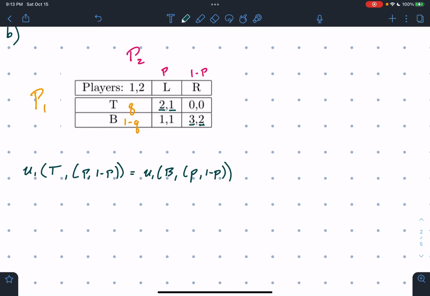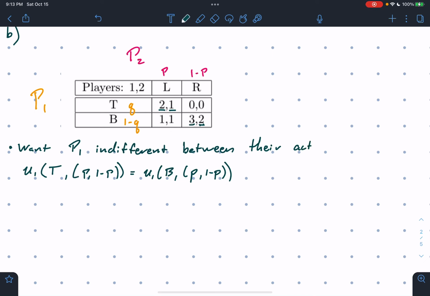In other words, we need player 1 to be indifferent between their two actions. So this is what we would need.